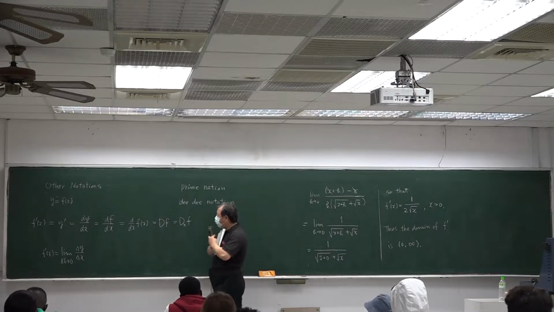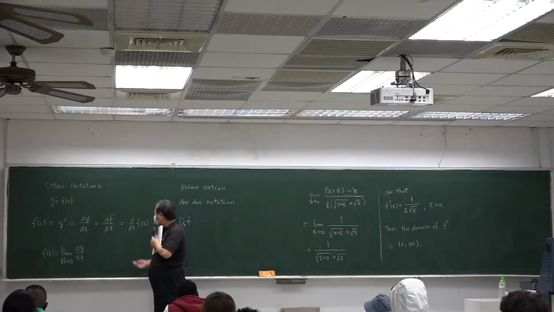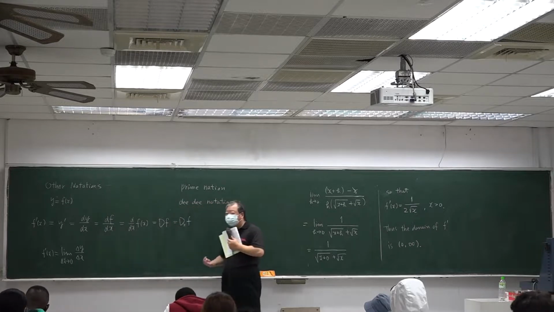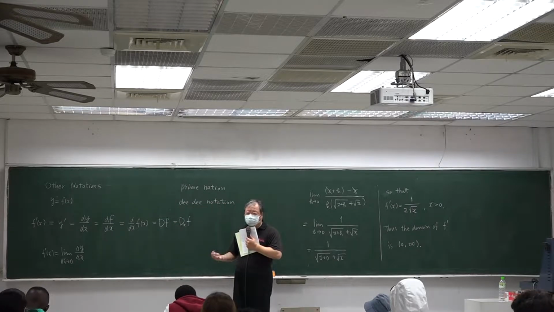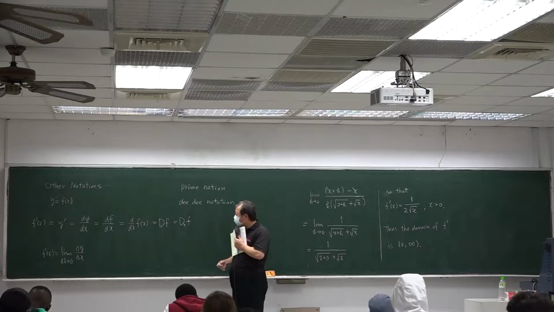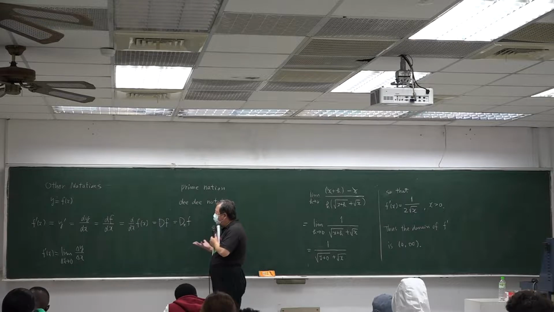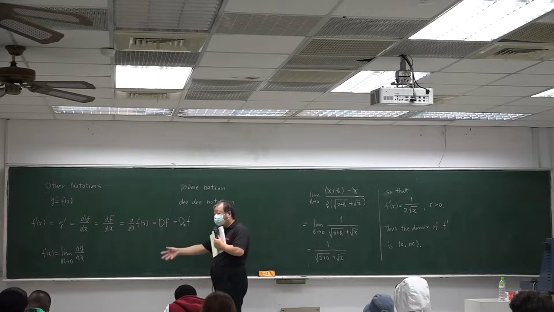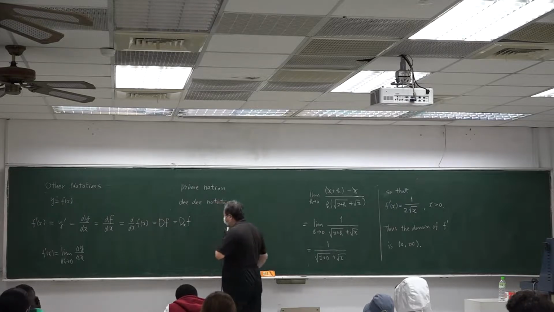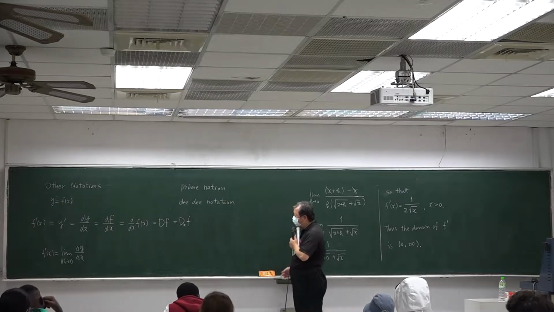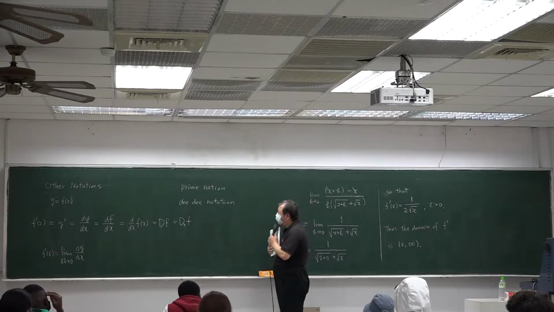In dd notation, we may treat d dx as an operator, or differentiation operator. Operator means it is a kind of function whose domain is a set of functions. The codomain is also a set of functions. So we have this notation.